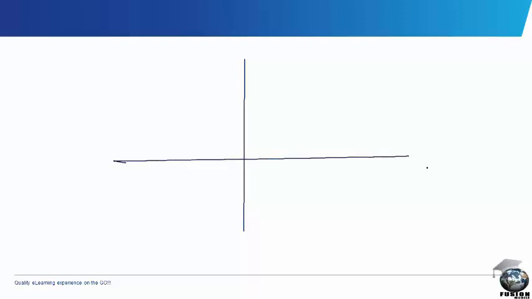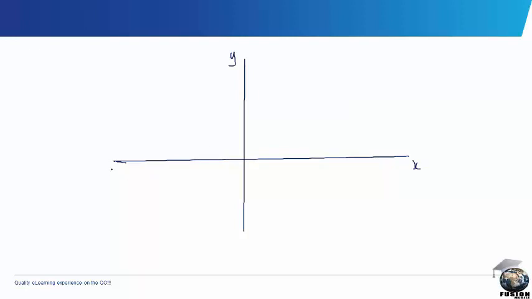So we try to plot the curve on the next page. Assuming that's our graph, this is the y-axis and this is the x-axis.